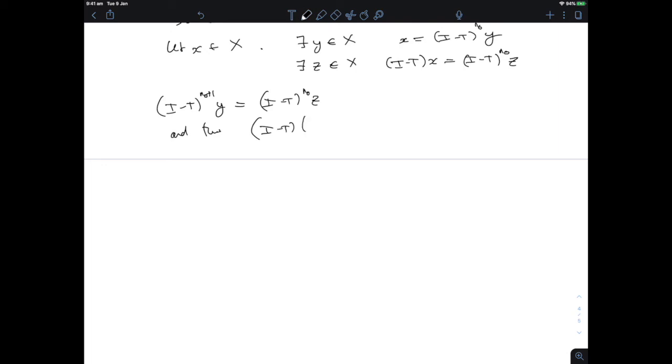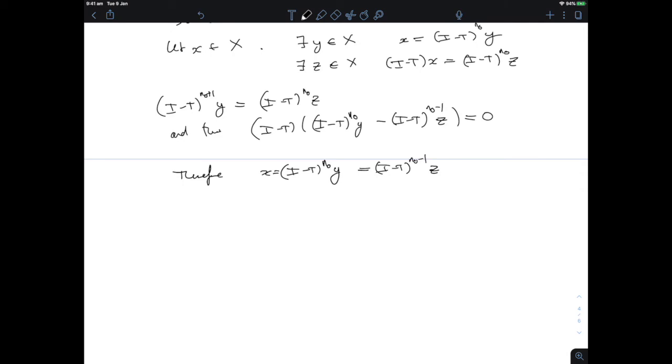of ((I minus T) to the n naught of y minus (I minus T) to the n naught minus 1 of z) has to be 0. But the null space of I minus T is trivial, therefore I get that (I minus T) to the n naught of y is (I minus T) to the n naught minus 1 of z. And so I can do that inductively, and remember that (I minus T) to the 0 was the identity.